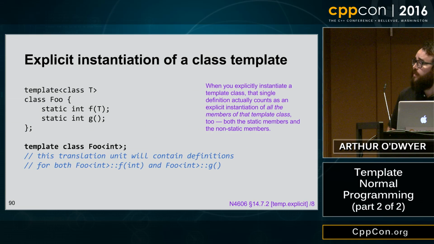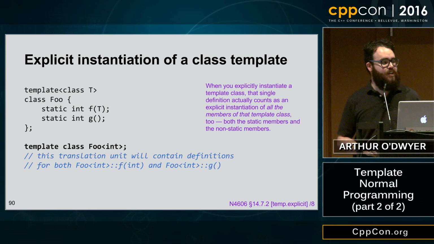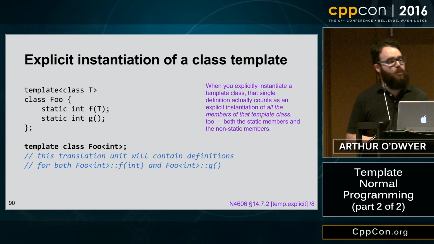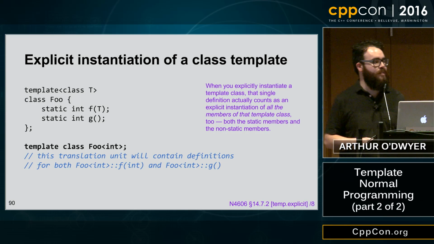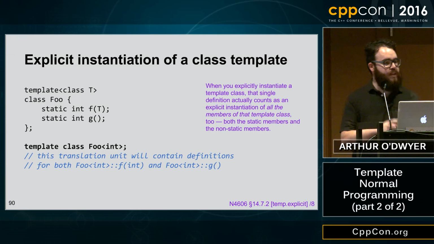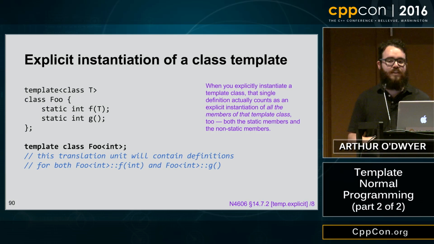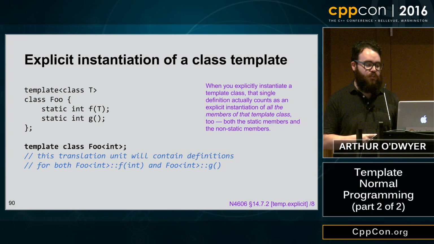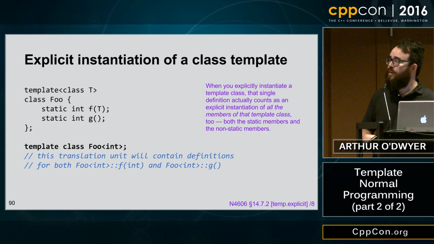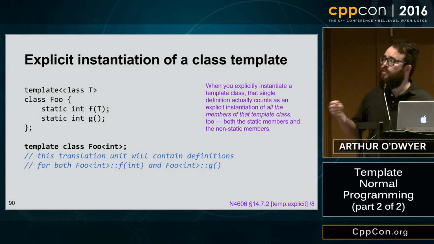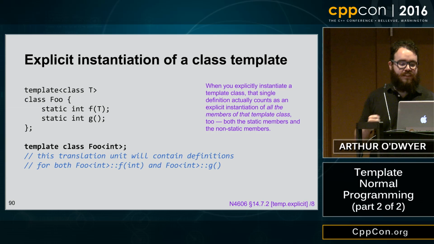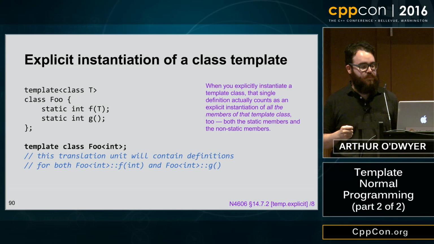So there's one interesting thing about explicit instantiation for class templates, which is different from anything else. Because the weird thing about classes in C++, the neat thing about them in particular, is they can have members. A function cannot have members, a variable cannot have members, but a class can have members. And so when I explicitly instantiate the definition of a class, that counts as an explicit instantiation of all of that class's members as well.